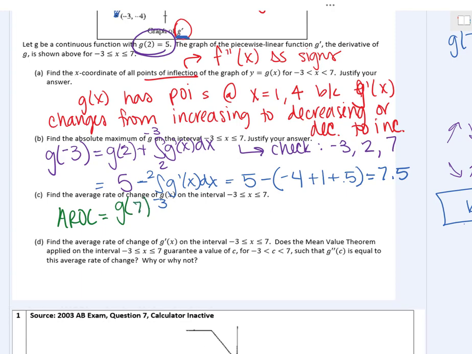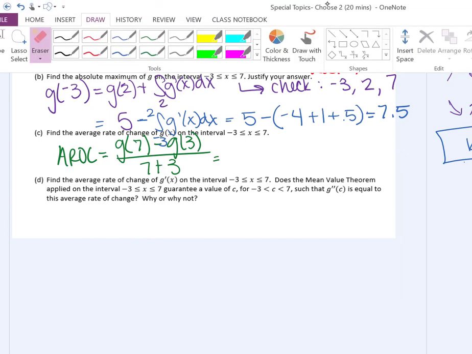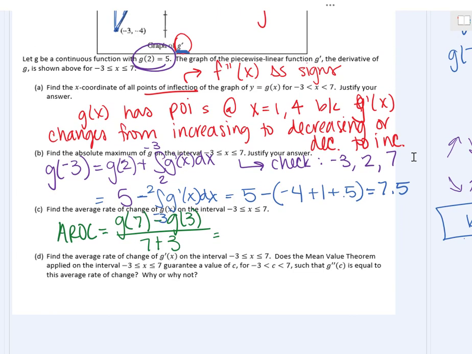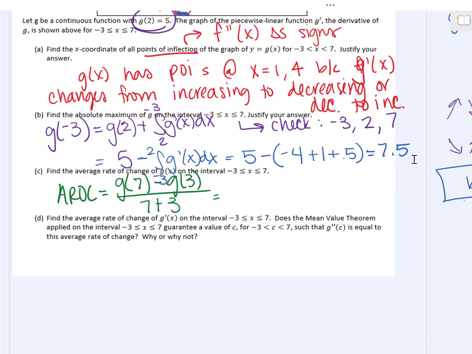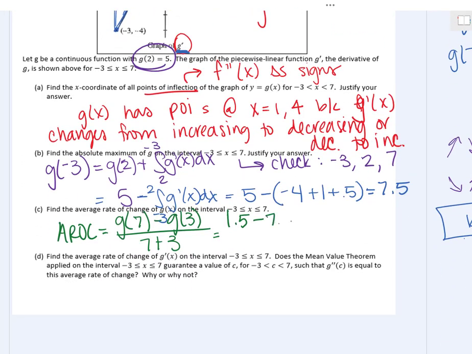We know that that's going to be g of 7 minus g of 3 over 7 minus negative 3, which turns into that 7 plus 3. So then we're just substituting those values that we found earlier when we did that absolute maximum. When I found g of 7, you should have gotten that that was 1.5. G of 3, that was that maximum value, was 7.5. And then this guy is going to be over 10.